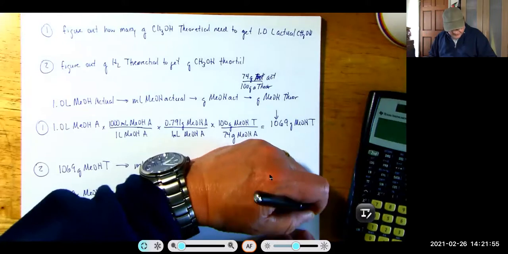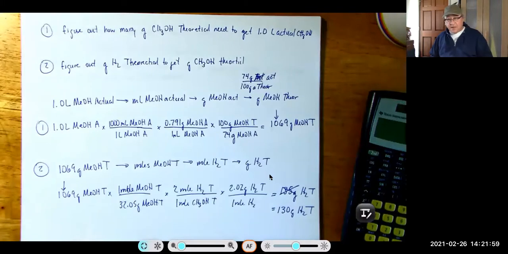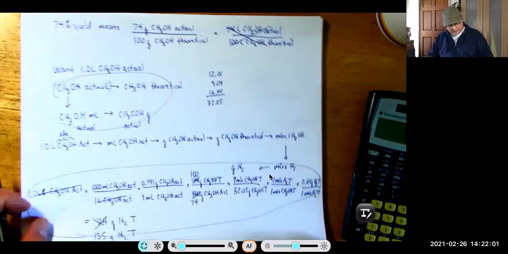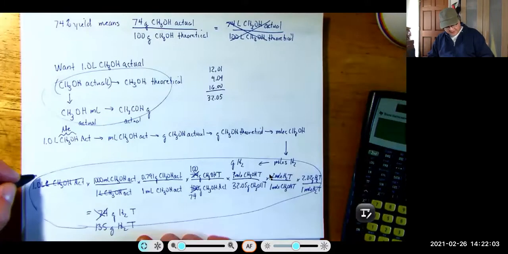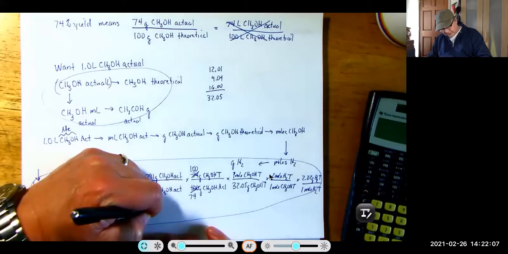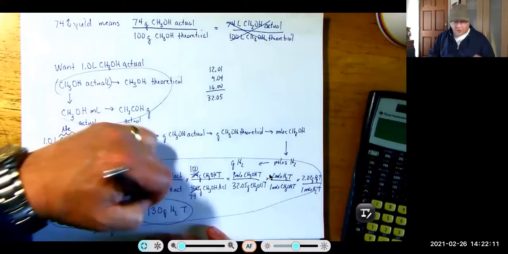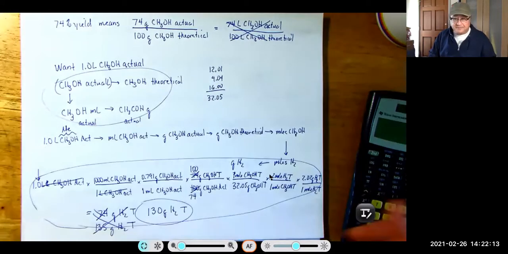The reason is because this is only supposed to have 2 sig figs. When we go back to this problem, you see how this only has 2 sig figs? So this should also have been 130 grams of H2 theoretical, because the answer here was 134 point something.